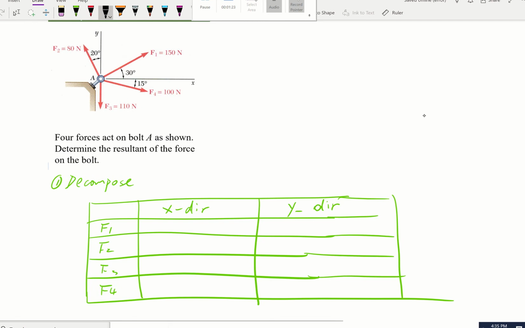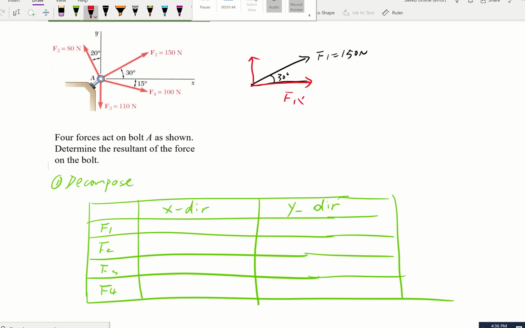So let's take a look. If I take F1 out, F1 is 150 Newton, and the angle here is 30 degrees. We're going to decompose this to a rectangular x component, F1x, and a y component, F1y, since up is the y direction.